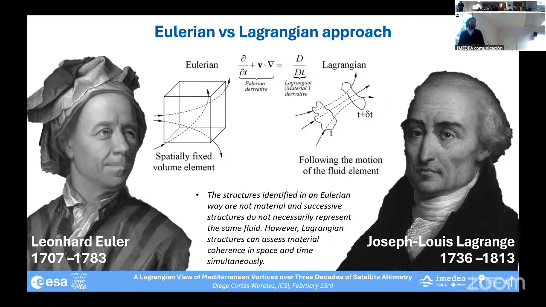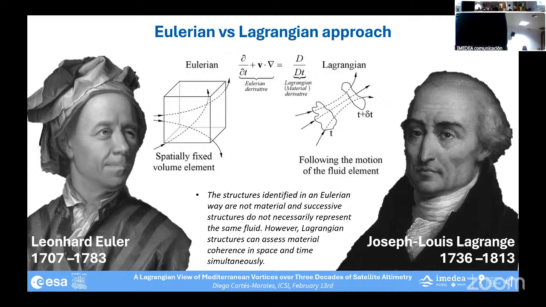So let's start with a little bit of history, with two scientists from the 18th century, Euler and Lagrange, and the different perspectives that they used to track the properties in a fluid. In the Eulerian perspective, we have a fixed point in space, or a volume of this fluid, and we can track how this fluid changes within this space.